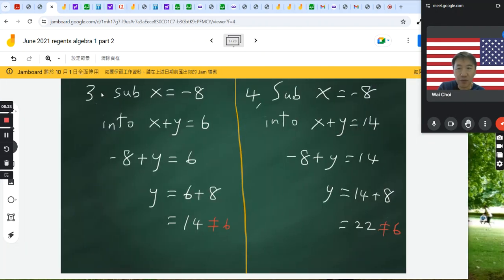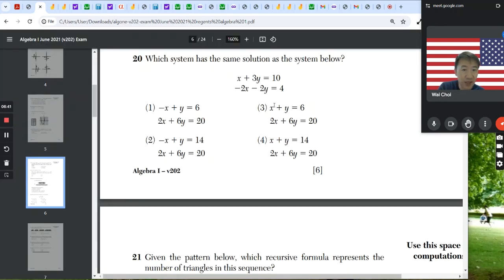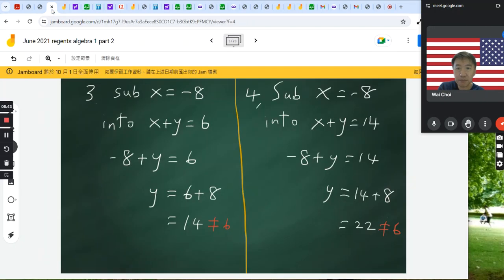Now, for choices 3 and 4, we know they don't yield the same solution, but we're going to verify that. We substitute x equals negative 8 into the first half, x plus y equals 6. This gives us negative 8 plus y equals 6, y equals 6 plus 8, so y equals 14. And that's not the 6 that we're looking for. So 3 is false.